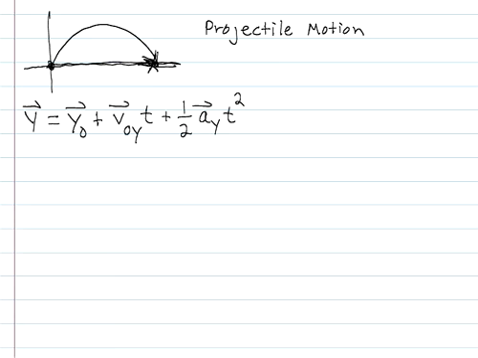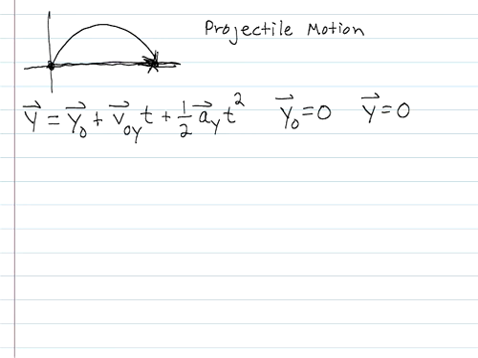Well, some of them are going to be numbers. The object starts out on the ground, so I'm going to say that the ground is at an elevation of 0. So the initial vertical position is 0, but it also ends up on the ground, and so the final vertical position is also 0.